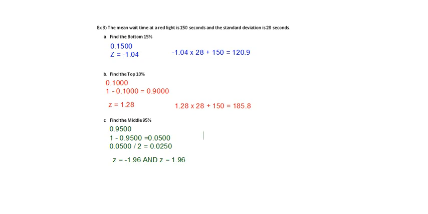First of all, negative 1.96 times 28 plus 150 is equal to 95.1. And then positive 1.96 times 28 plus 150 is equal to 204.9. So we have two answers for middle questions.